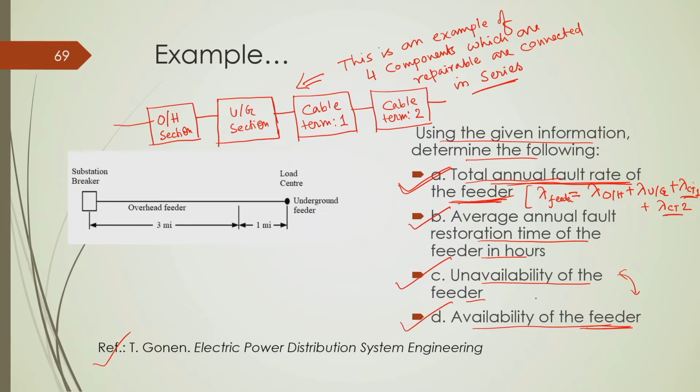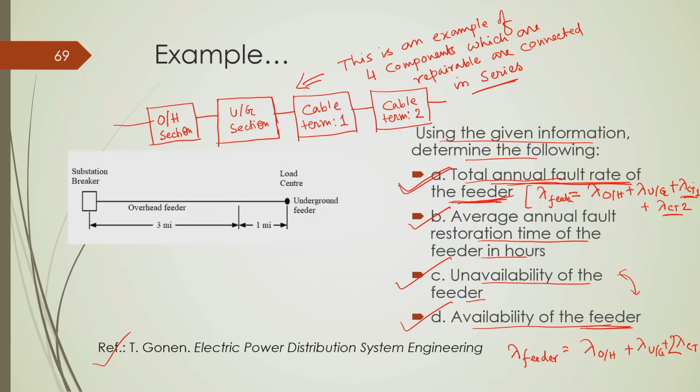So, we can replace it as lambda feeder is equal to lambda of overhead section plus lambda of underground section plus lambda of one cable termination, and you multiply it by 2, because both the cable terminations are identical.